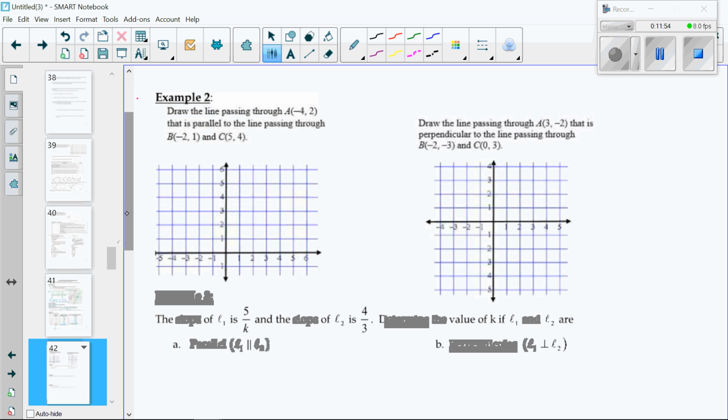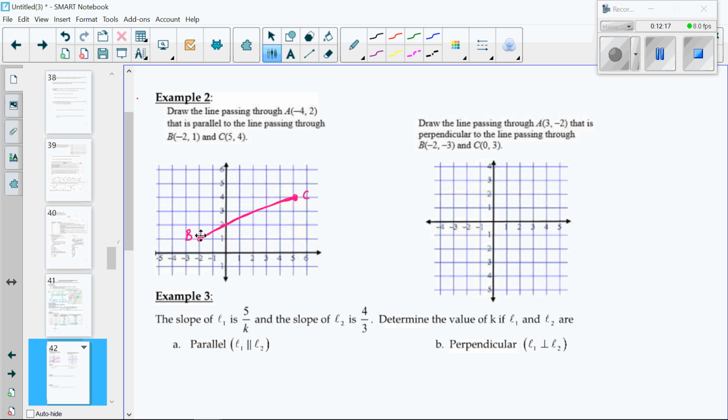Okay, so line BC, -2 and 1. That's point B. C is 5 and 4. Okay, so that is my original line.